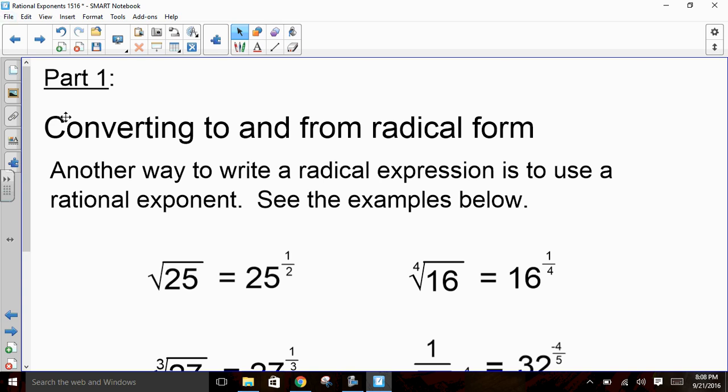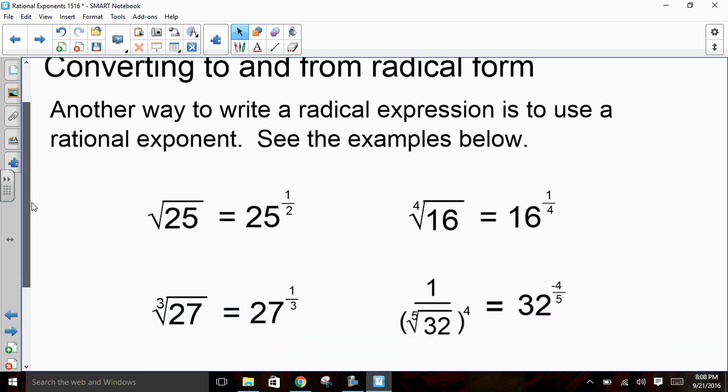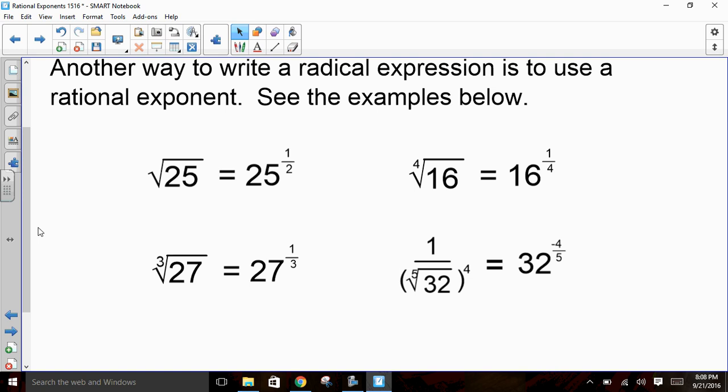So there we go. When I write the square root of 25, I want to put it as an exponent. What I do first is I copy the base number over. So I take that 25 and I rewrite it. I take a look at the type of root that I'm dealing with.